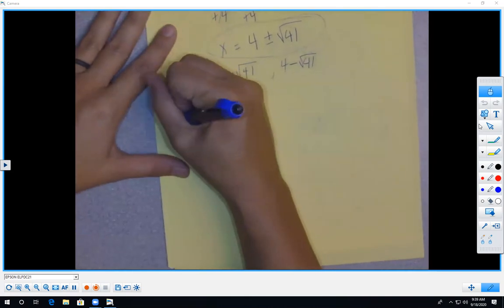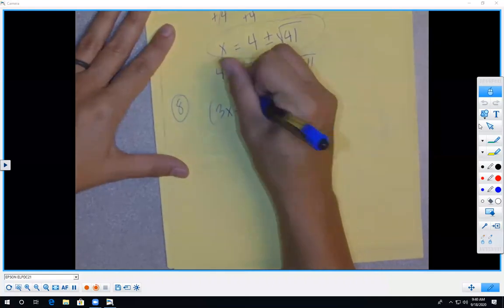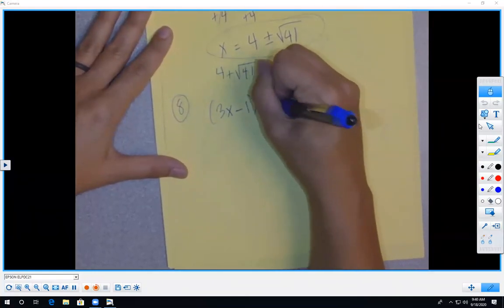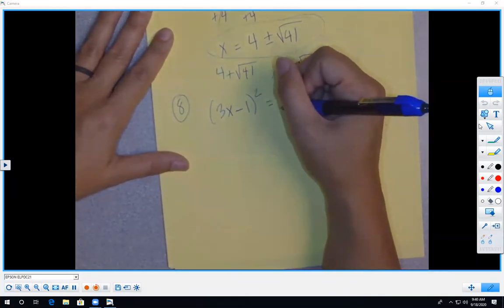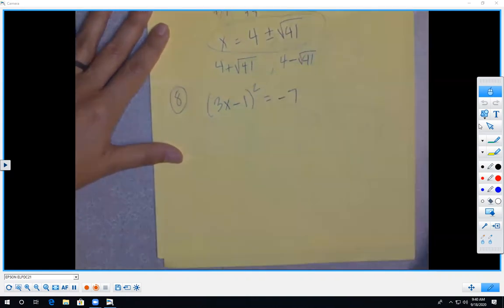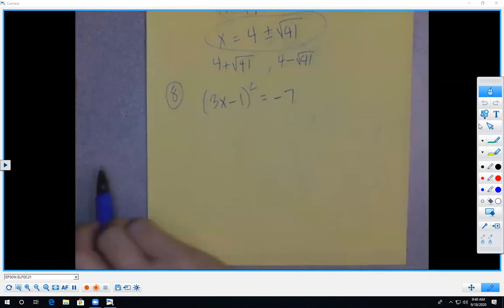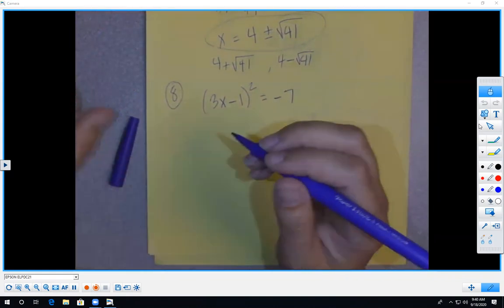Okay, one more of those. What about if it was 3x minus 1 squared equals negative 7? What's the first thing we have to do?